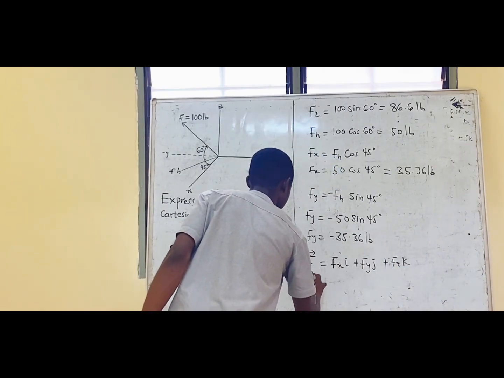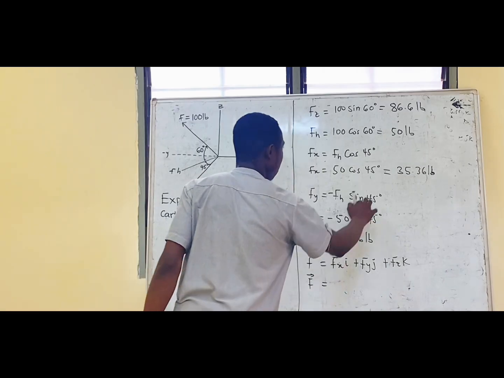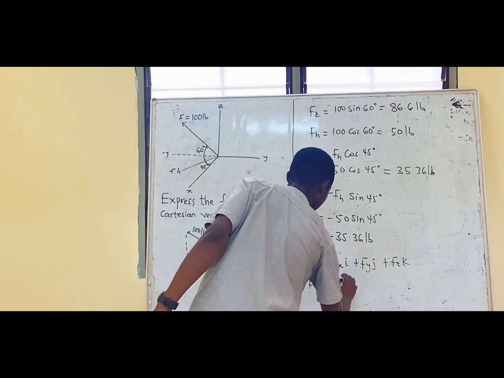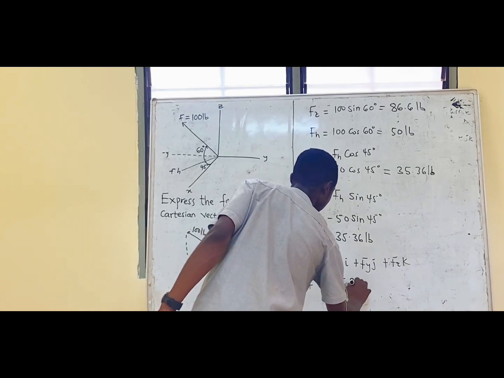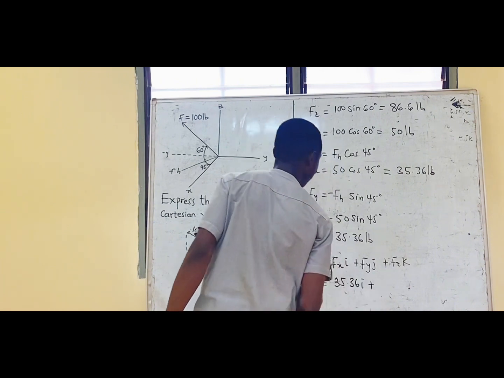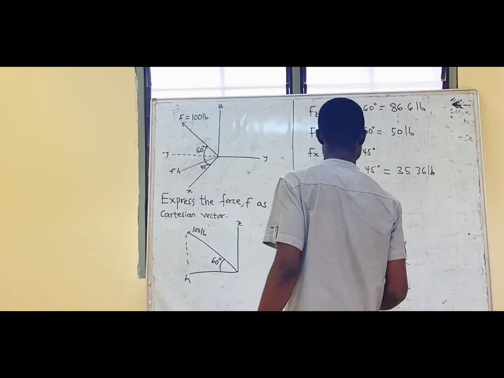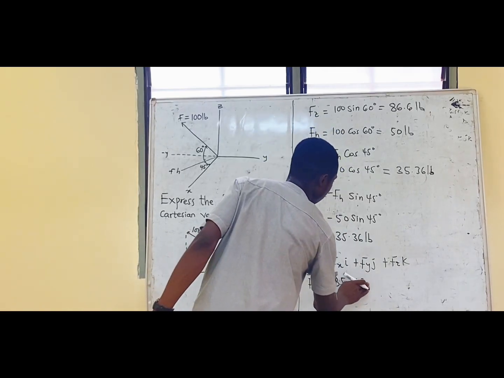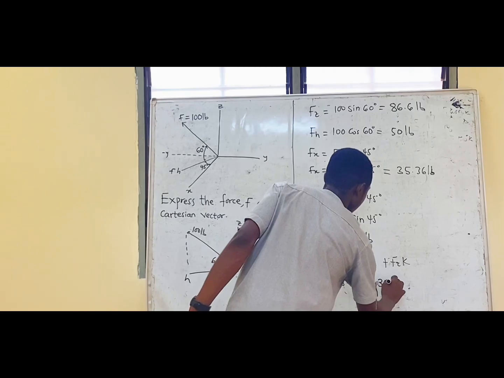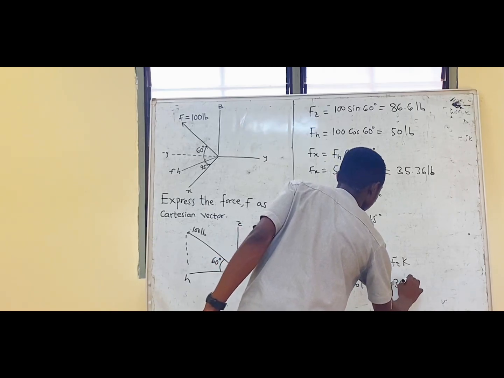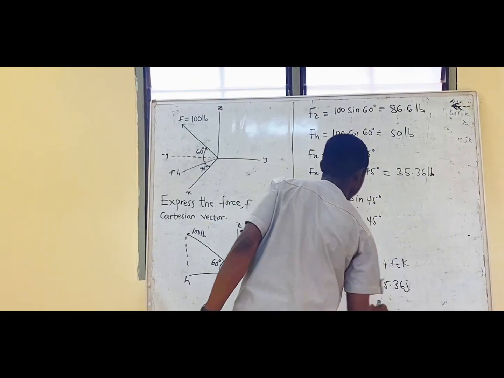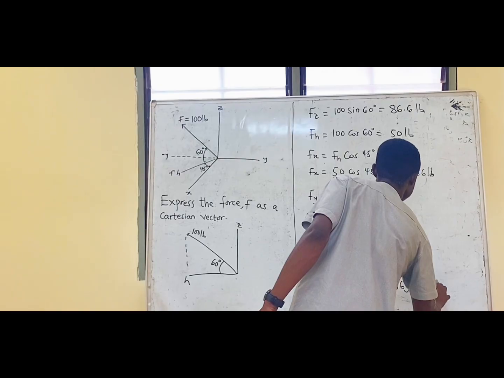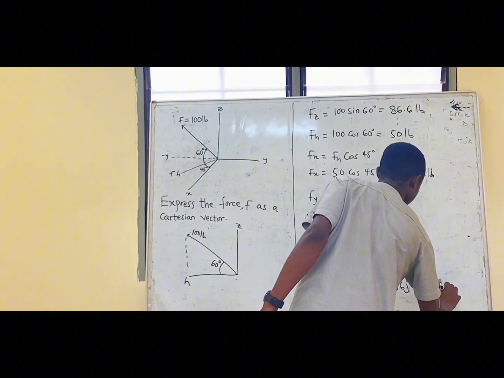So we have our Fx, which is 35.36 i, plus our Fy, which, since it is negative, will be minus 35.36 j, and finally we add our Z, which is plus 86.6 k.